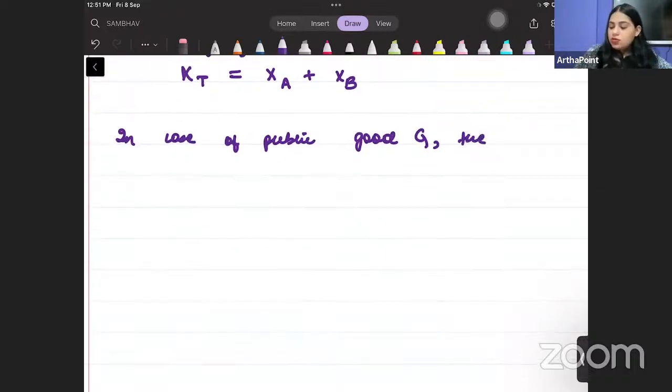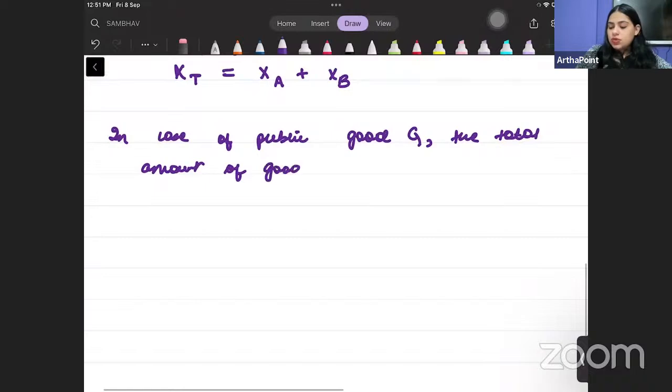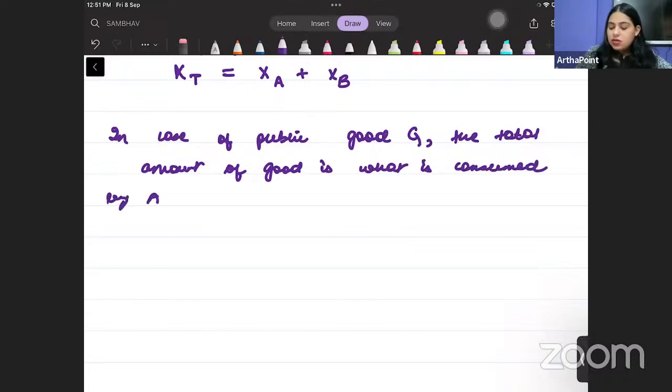That the total amount of the good is what is consumed by A or B. So in this case, what is consumed by A or what is consumed by B, the amount will be the same.